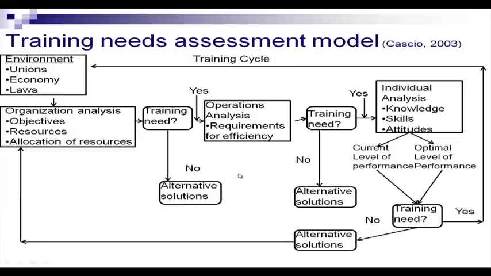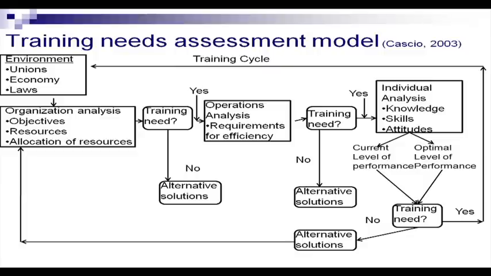Then once the requirement for efficiency is assessed and it is found to be there, then one needs to again ask the question whether there is really a need to train employees, or whether alternative solutions can be used in order to fix the problems with efficiency.